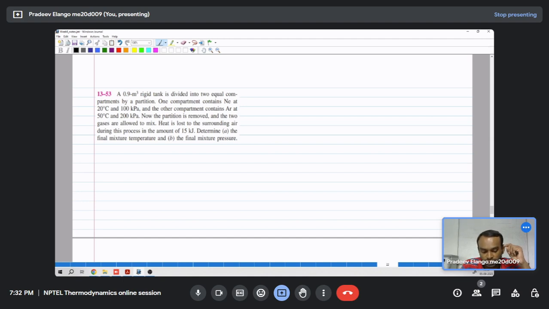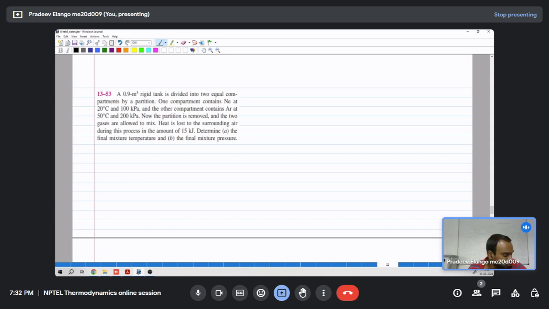One compartment contains neon at 20 degrees Celsius and 100 kilopascal, and the other compartment contains argon at 50 degrees Celsius and 200 kilopascal. Now the partition is removed and the two gases are allowed to mix. Heat is lost to the surrounding air during this process in the amount of 15 kilojoule. Determine the final mixture temperature and the final mixture pressure.